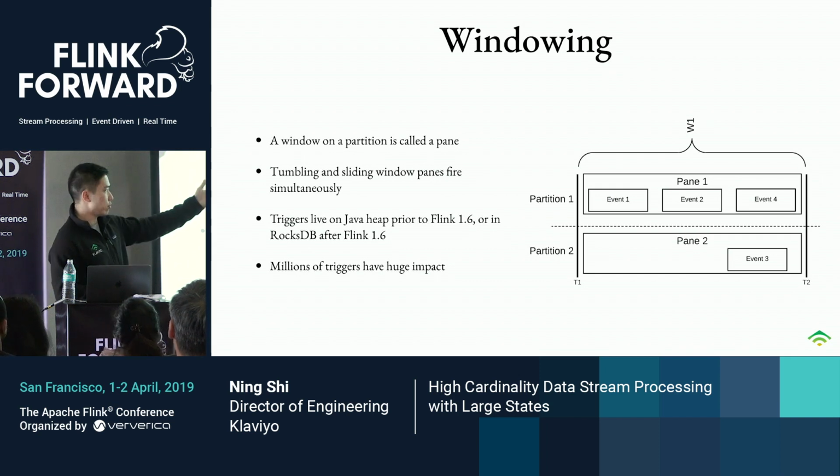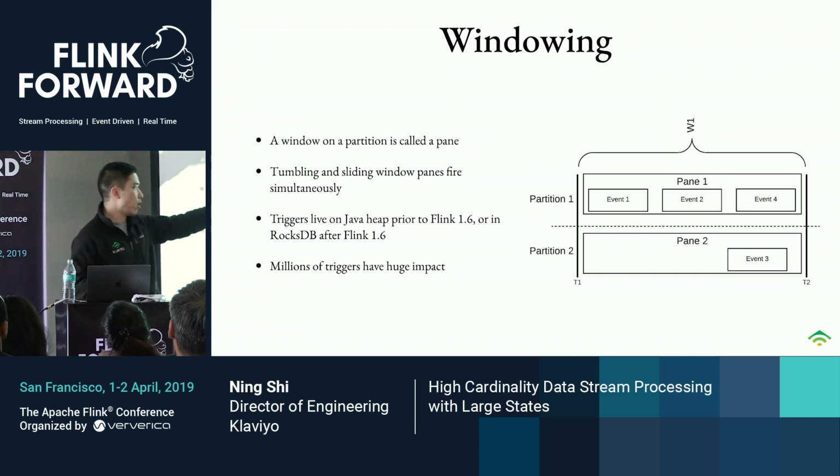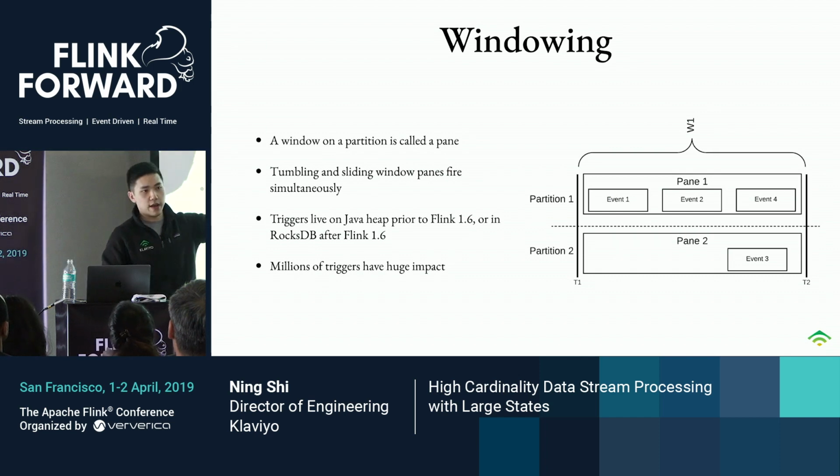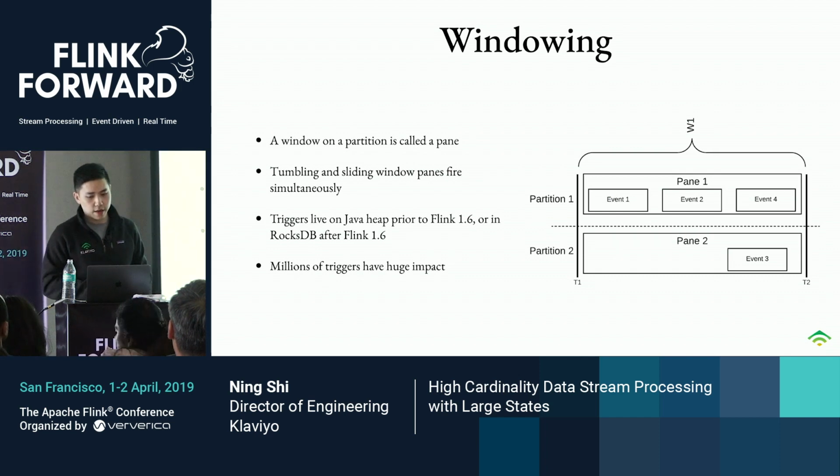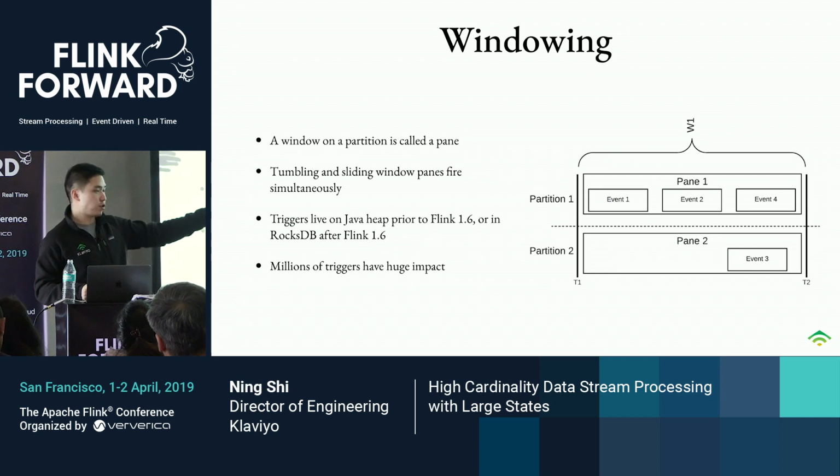Even though there are 2 distinct partitions, the panes are actually aligned. They all start at T1 and they all end at T2. What this means is that when the window closes, both of these panes will fire at the same time. So whatever your logic is when it fires, they will both try to do the same thing at the same time. If you are trying to write the result to a downstream system, then both of them will try to write their results to the downstream system.